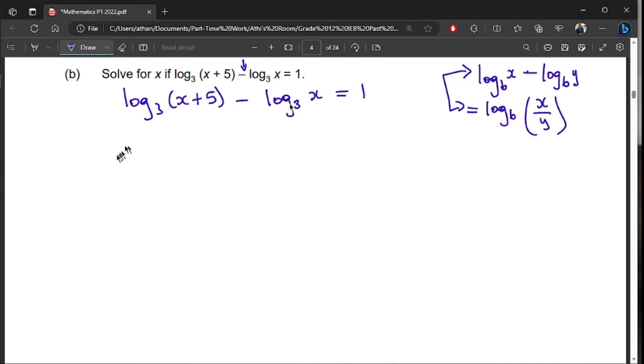To make this equation easier for us, we're going to apply that law. So I'm going to have log of 3, and inside the brackets you have x plus 5 as a numerator divided by x below, that is equal to 1.